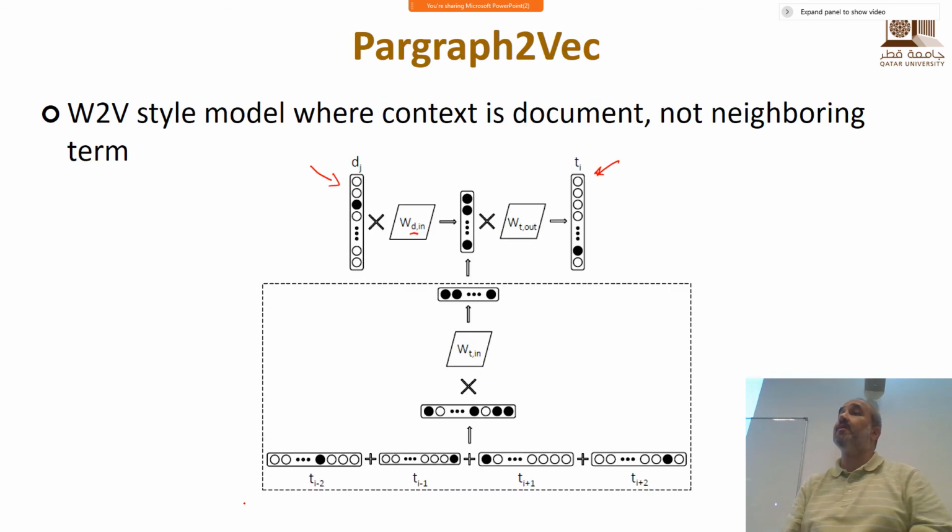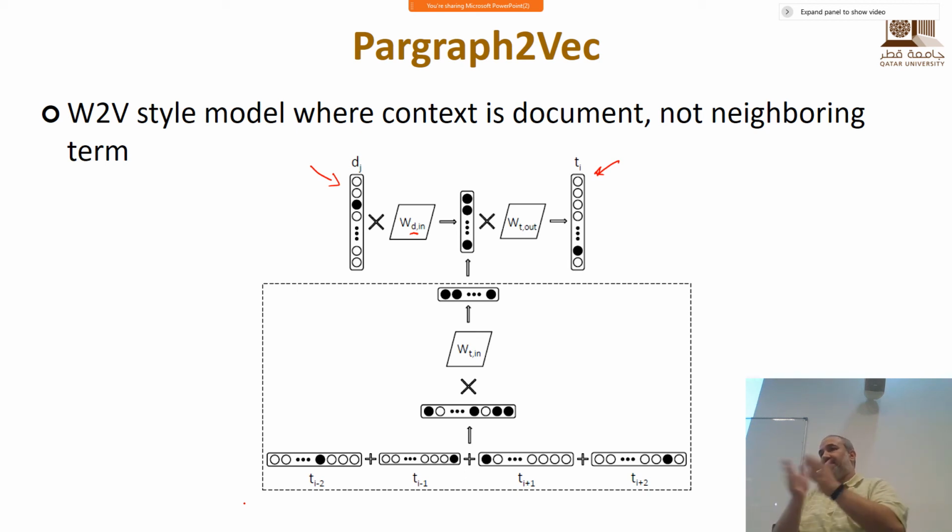Why do we need paragraph to vector? Because we already have different ways of designing the similarity between two documents. You mean when we talked about how we can represent a document given the embeddings of terms?